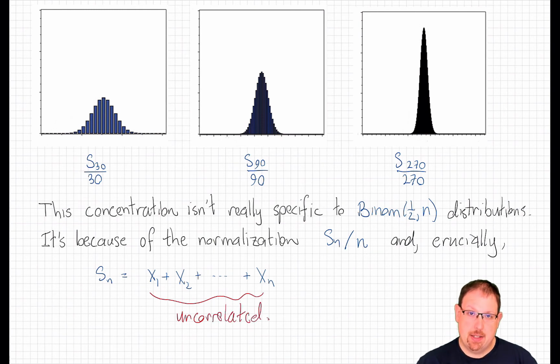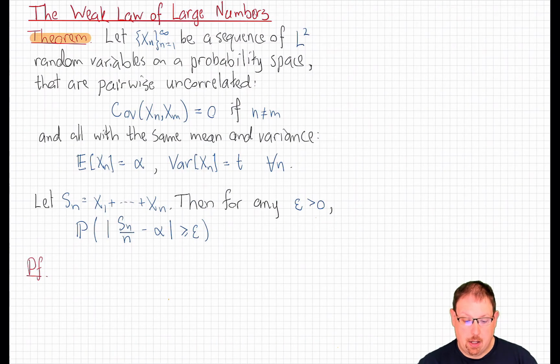So that is the general theorem, which goes under the name the weak law of large numbers. Take any sequence of L2 random variables on a probability space and suppose that they are pairwise uncorrelated. That is, the covariance or correlation between any pair of distinct terms in the sequence is 0.